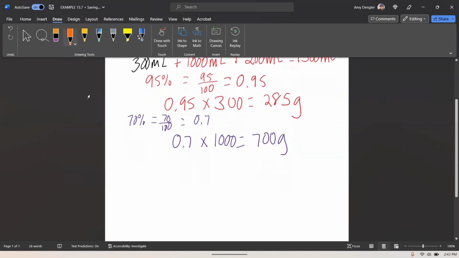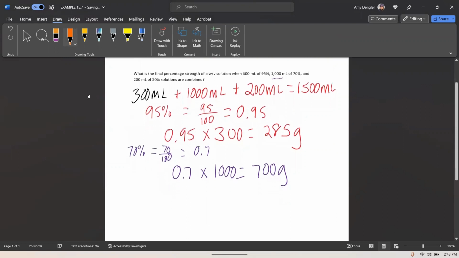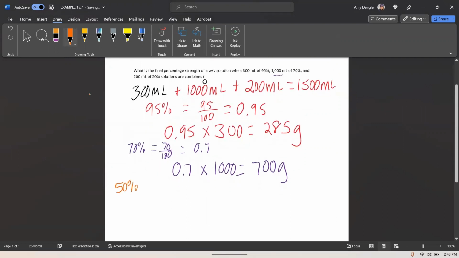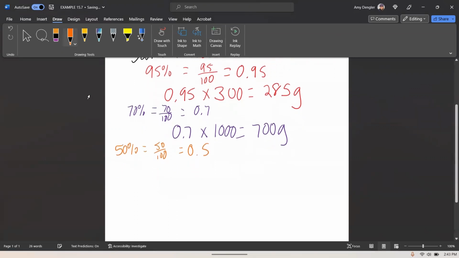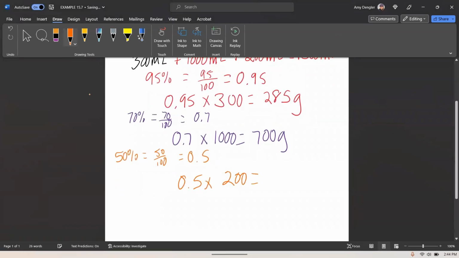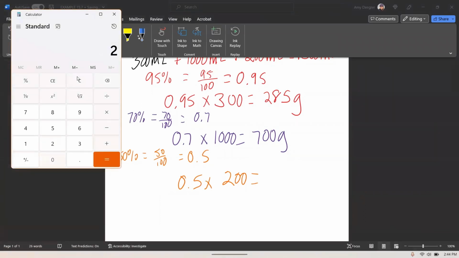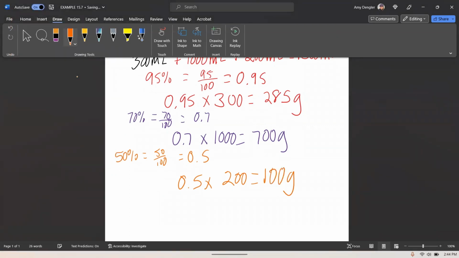All right, and then next we have the 50%, which again, if we take that and turn that into a decimal, we're doing 50 over 100, and then dividing 50 divided by 100, we're going to get 0.5 or 0.50. And then we're going to take that 0.5 and multiply it by 200 from the solution. So 200 times 0.5 is going to give me 100 grams.